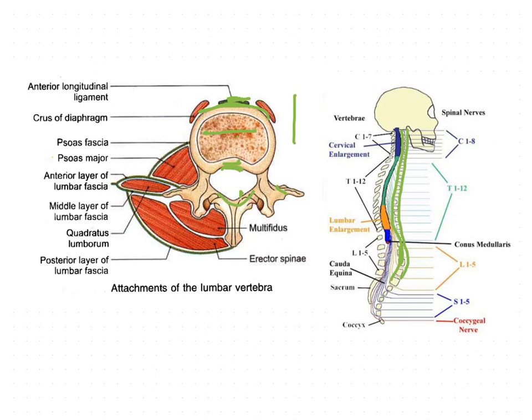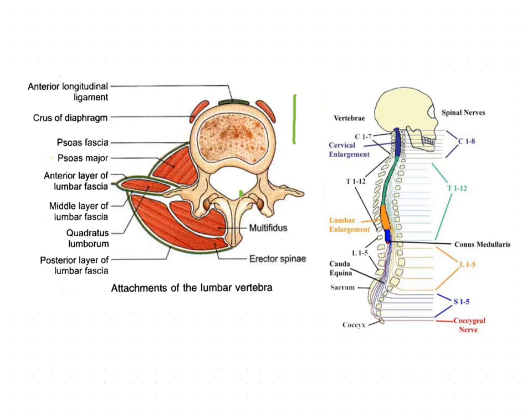On either side, lateral to the anterior longitudinal ligament, we will have the right crus of the diaphragm, which is attached to the upper three vertebrae, and the left crus of the diaphragm to the upper two vertebrae. Okay, so how many lumbar vertebrae are there?